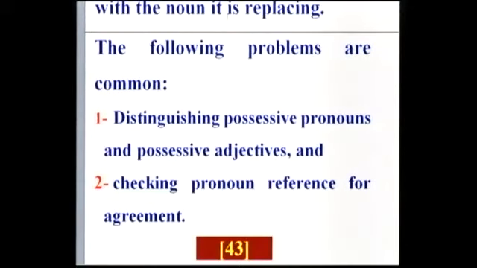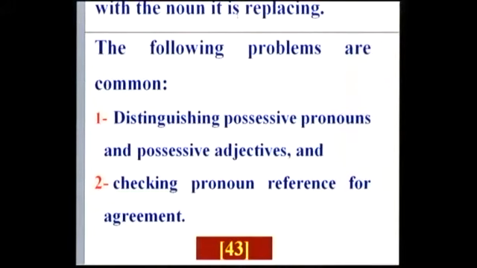Now, distinguishing possessive pronouns and possessive adjectives and checking pronoun reference for agreement. Distinguishing possessive pronouns and possessive adjectives, نحن نتعرف على ضمائر الملكية سواء كانت pronouns سواء كانت ضمائر أو كانت صفات, and checking pronoun reference for agreement.